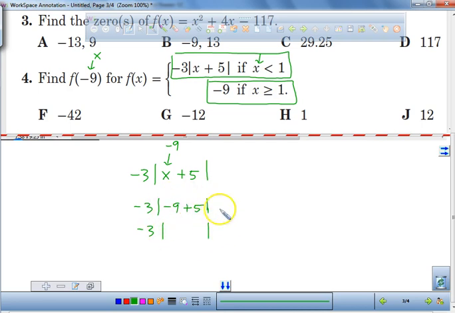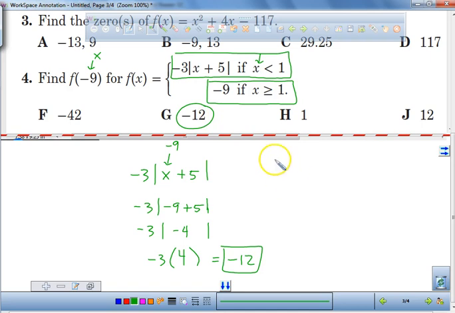What do you have to do with absolute value? You have to do whatever is inside of the absolute value first. Add those together, you get negative 4. What's the absolute value of negative 4? Positive 4. What is negative 3 times positive 4 equal to? Negative 12.